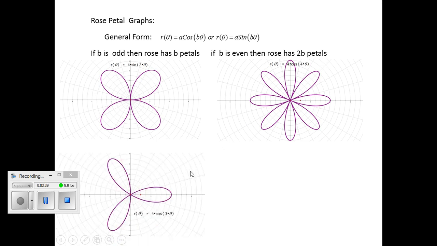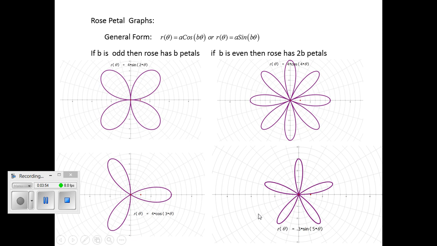If the b value is odd, then we have that many petals. This being the cosine has the symmetry about the polar axis.